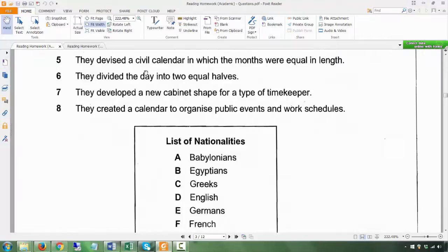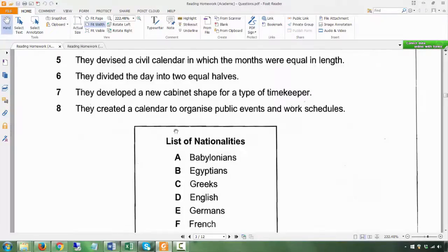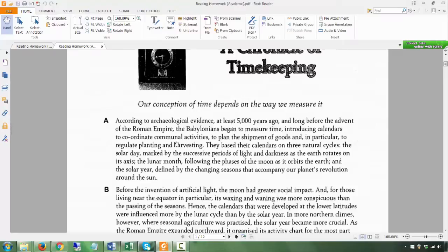Now there needs to be something related to work schedules, right? To plan the shipment of goods, and in particular to regulate planting and harvesting. So this is talking about work schedules. So the calendar did not just organize public events but also work schedules, regulate planting and harvesting. These are the work that they did.